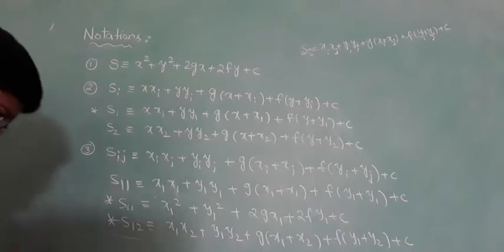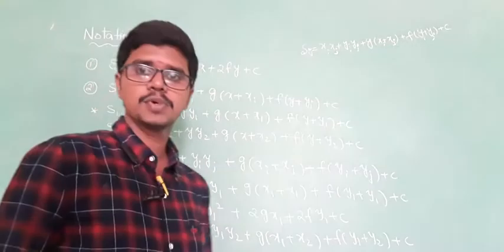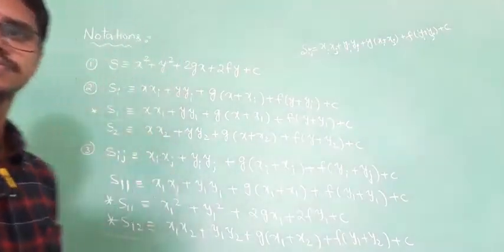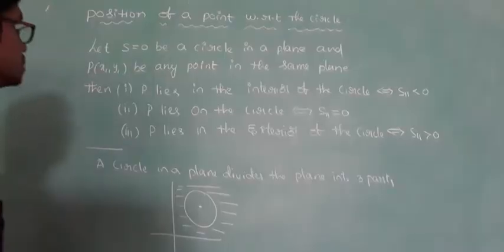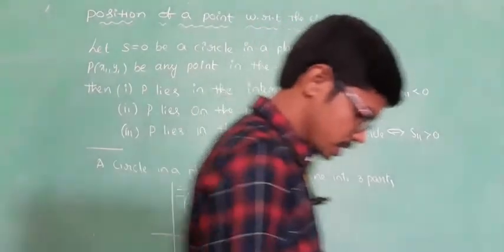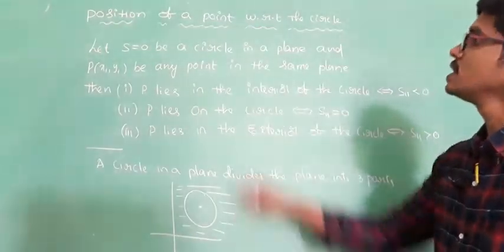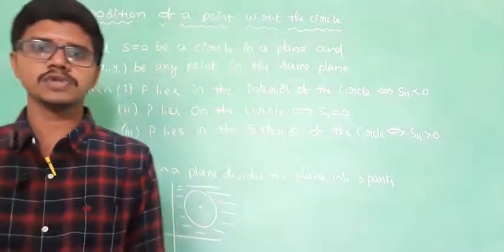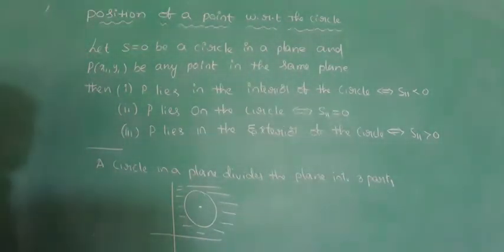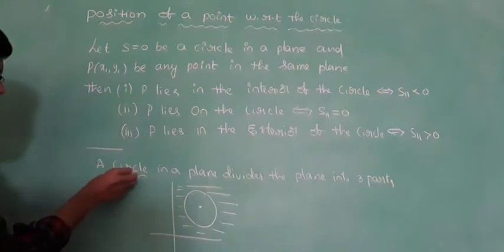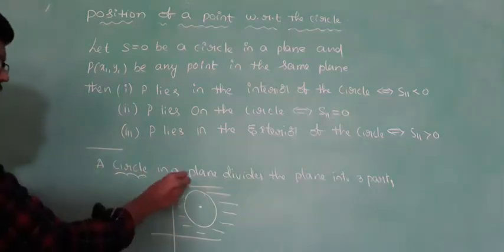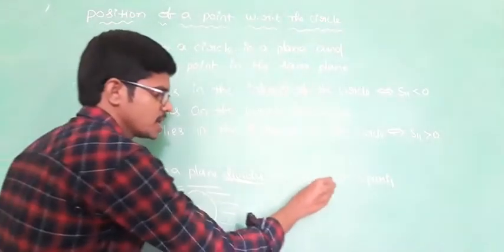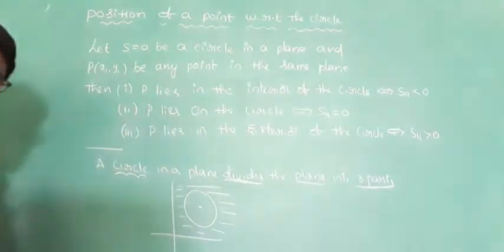Okay, let us discuss the position of a point. See students, the position of a point with respect to the circle. Before that, a circle in a plane divides the plane into three parts. What are those?